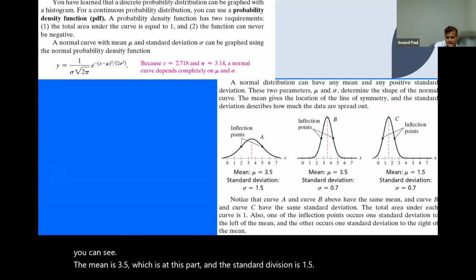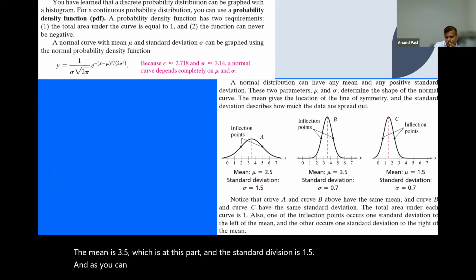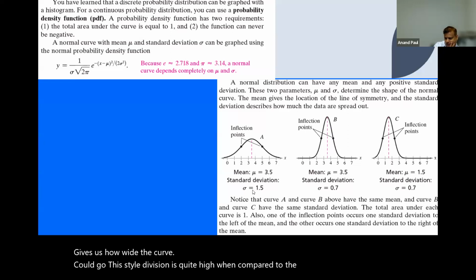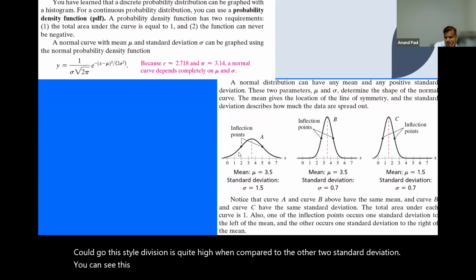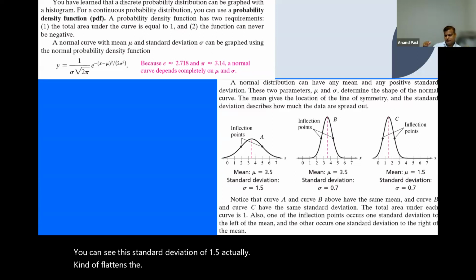The standard deviation clearly shows how wide the curve could go. This standard deviation is quite high when compared to the other two. You can see this standard deviation of 1.5 flattens the bell-shaped curve. It makes it wider.